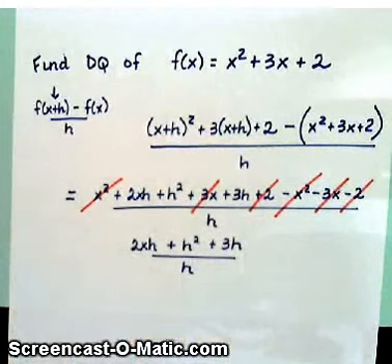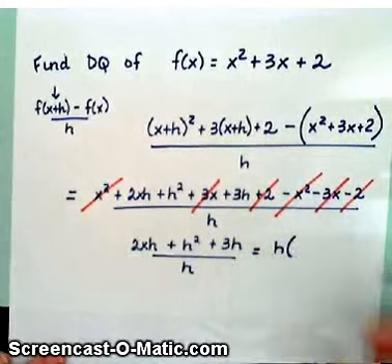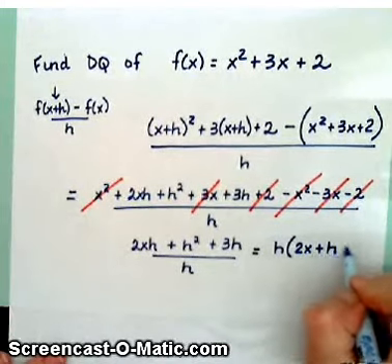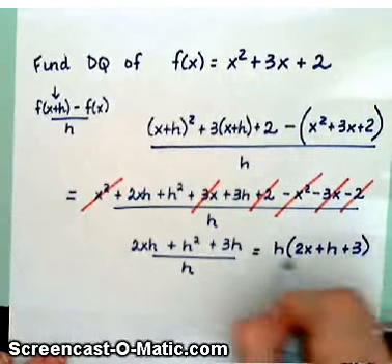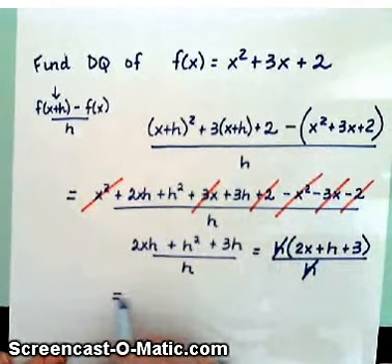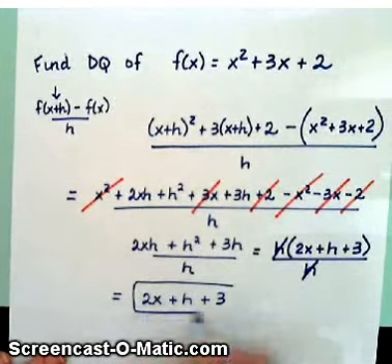You can only divide if you can divide it out of all the parts, but you can here. Let's take an h out of the top, and you'll have 2x plus h plus 3, divided by h. This h takes out this h, and the answer to your difference quotient is 2x plus h plus 3. That's your answer.